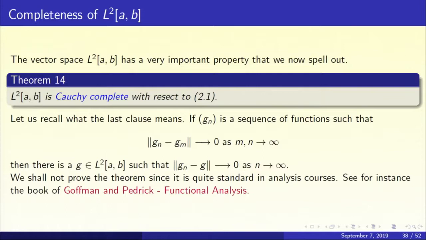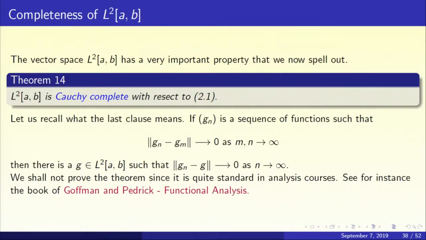So suppose you take a sequence g_n of functions such that norm of g_n minus g_m goes to 0 as n, m go to infinity, then there is a g in L2 such that norm of g_n minus g goes to 0 as n goes to infinity. In other words, every Cauchy sequence converges.